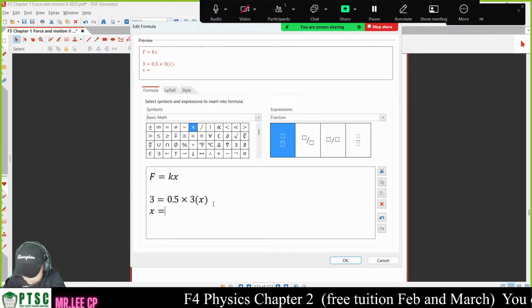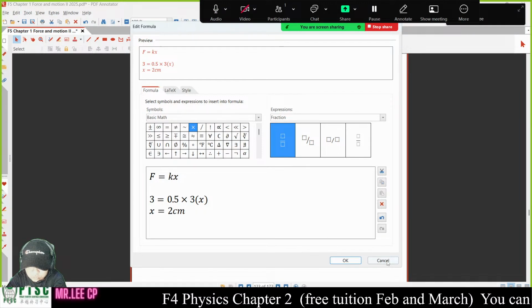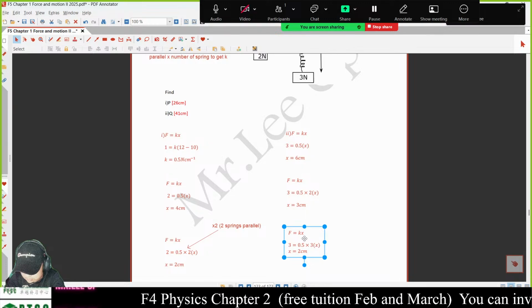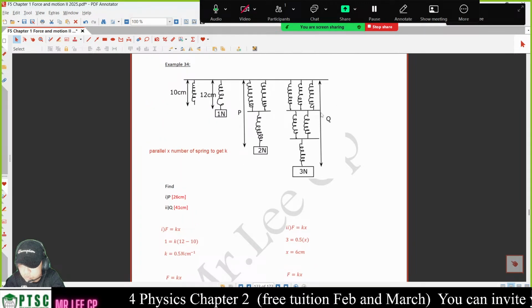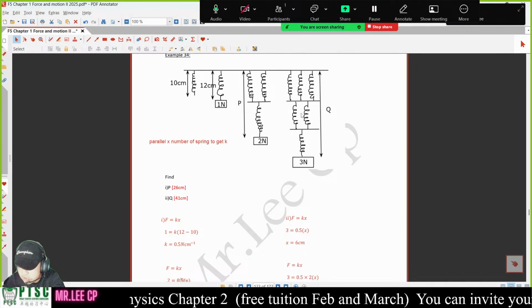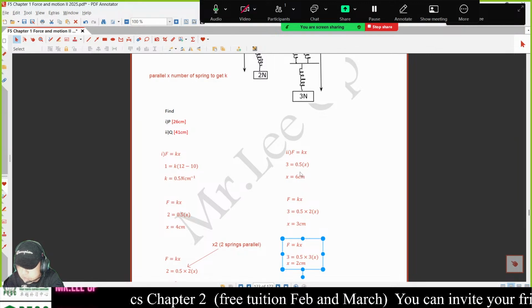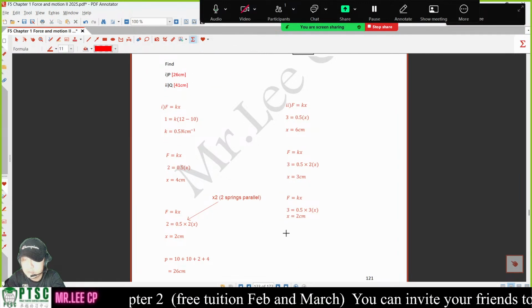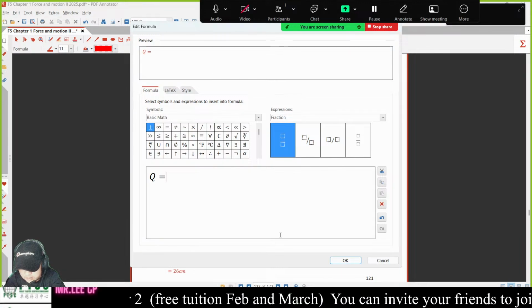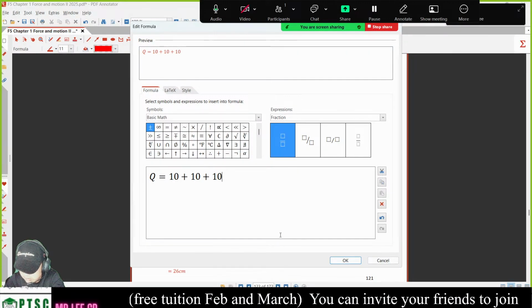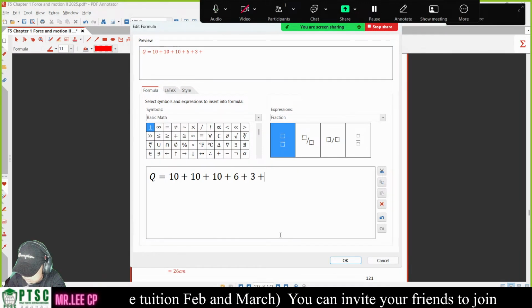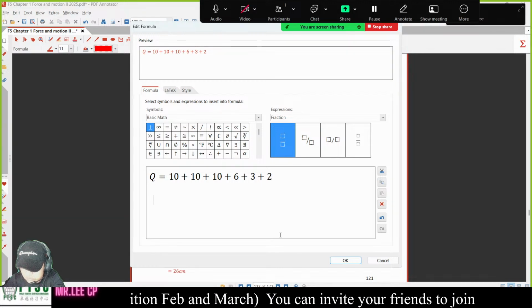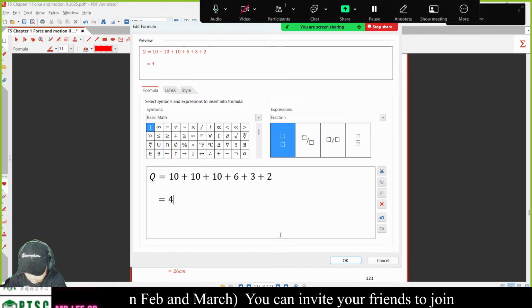So X will be 2 cm. So altogether, now I want to find Q is equivalent to 10 plus 10 plus 10 plus 6 plus 3 plus 2. So altogether is 41.